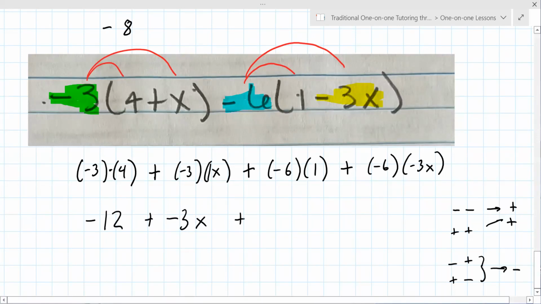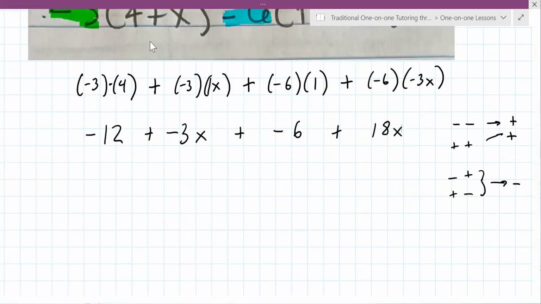So -6 times +1 is -6. And then plus, last one here, -6 times -3x. They're both negative, so it becomes positive 18x. Okay. Good.